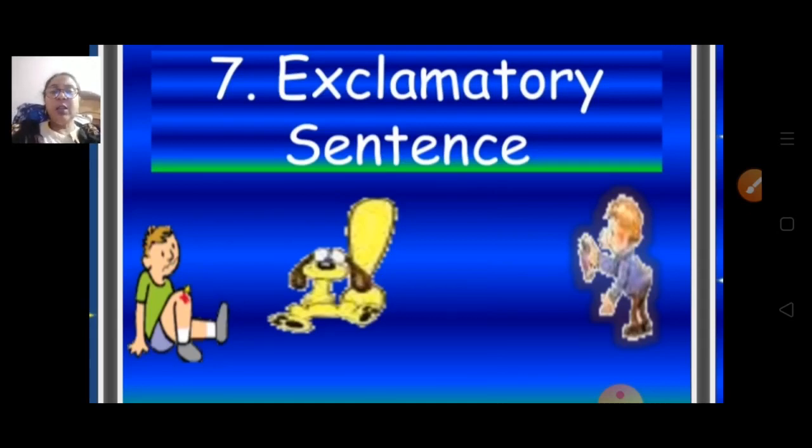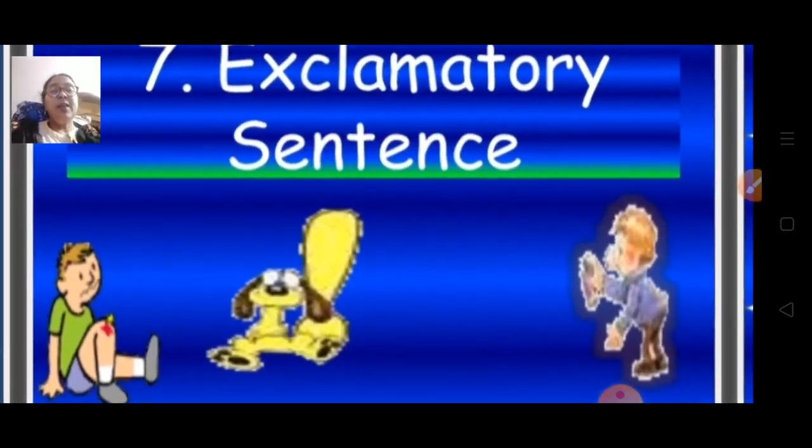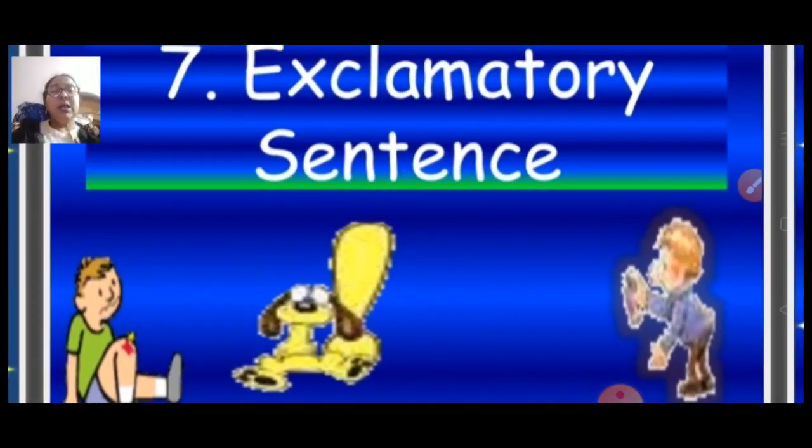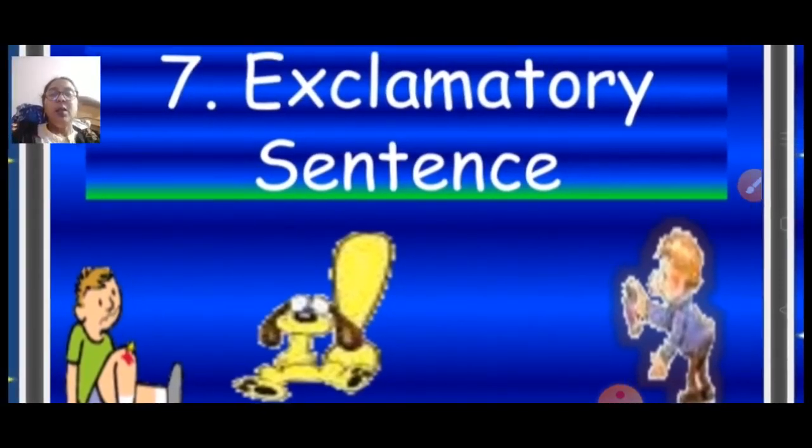After interrogative sentences, we are going to discuss exclamatory sentences. As you all know, children, exclamatory sentences can show a sudden feeling, which can be sudden joy, sudden grief, or sudden disappointment.